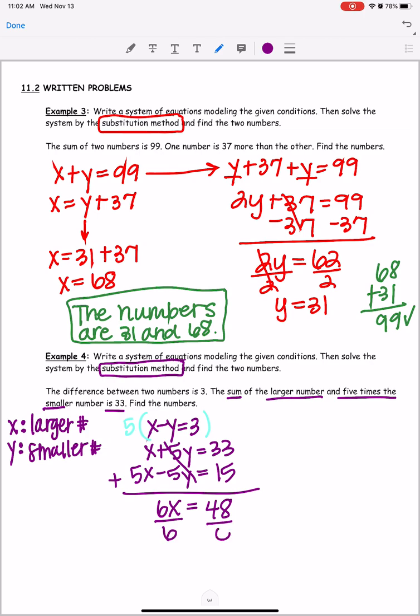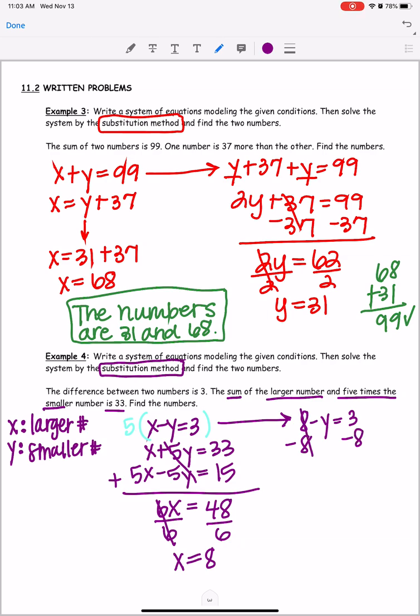Divide both sides by 6, and I get x to be 8. So now I'm going to take this first equation and substitute it in. Now I've got 8 minus y equals 3. Subtract your 8 over. Now be careful here.